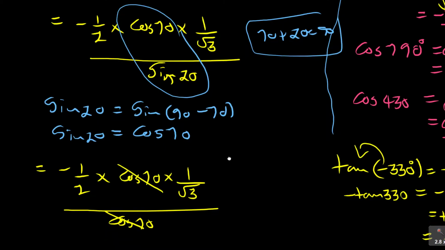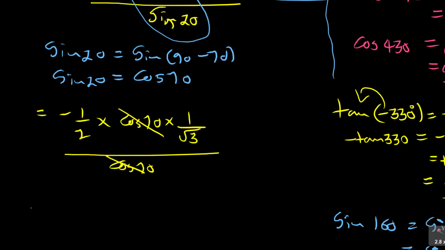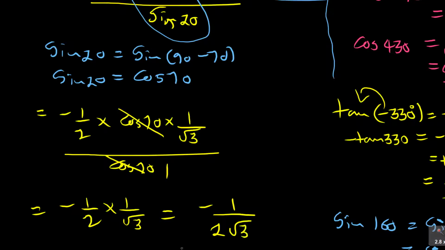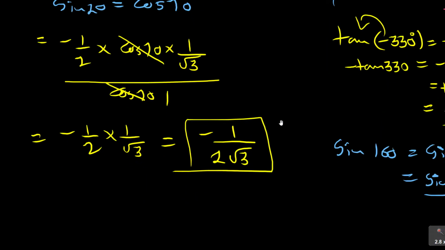See that? And the final answer is negative 1 over 2, because that is a 1, times 1 over root 3, which is equal to negative 1 over 2 root 3. That's the answer they expected. It's not the calculator version. If you use the calculator, let me show you what the answer was going to be.